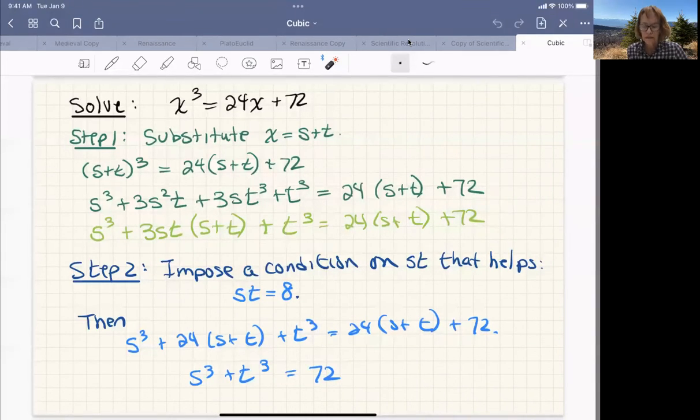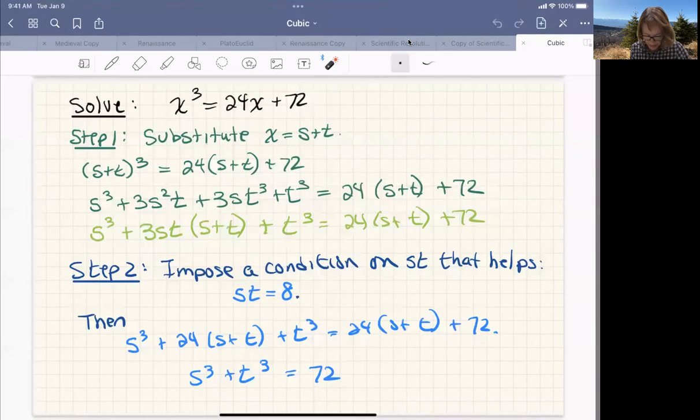Step 1, replace x by s plus t. So x is equal to s plus t. Plug that into this equation. So we get s plus t cubed is 24 times s plus t plus 72.